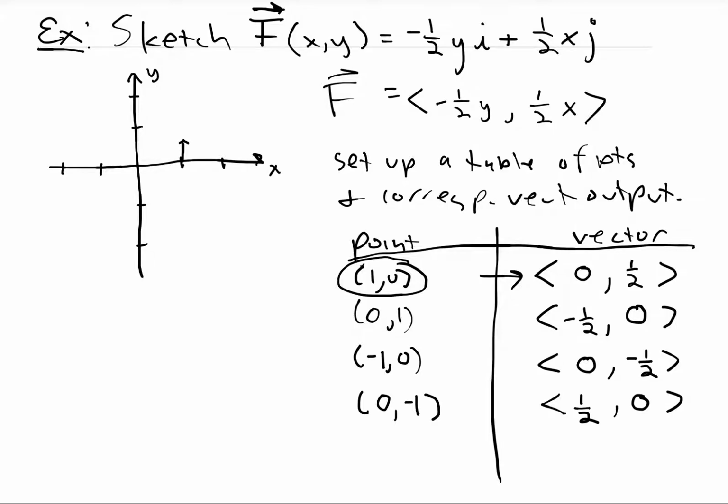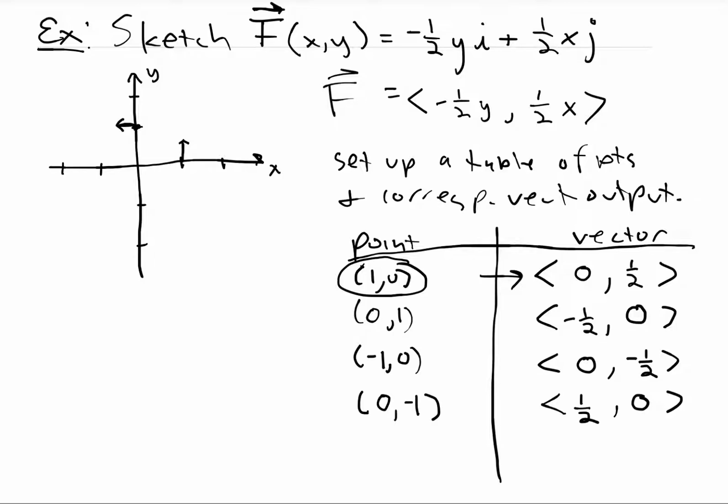Okay, similar deal for this next point. At the starting point 0, 1, which is right here on the y-axis, I need to draw a vector that goes negative 1/2 units in the x direction and no units in the y direction. So here's my negative a half unit in the x direction. I'll put a little arrow there to denote that's my vector.